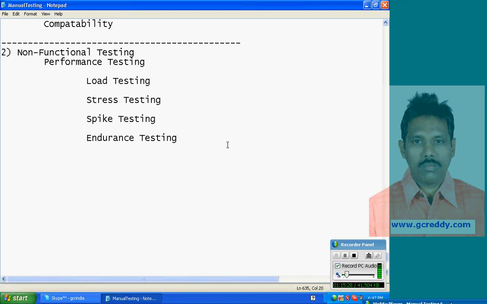What is stress testing? Measuring a component or system's behavior under more than customer expected load.